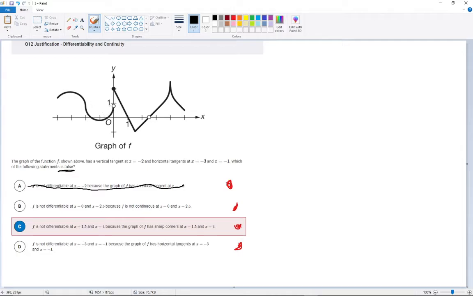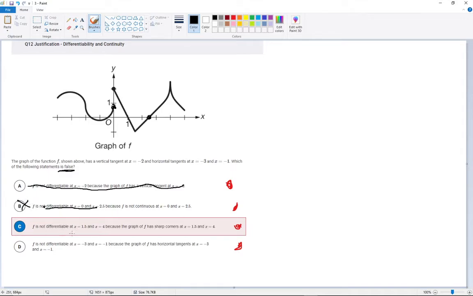At x equals 0 it has a removable discontinuity, and at 2.5 it has a removable discontinuity. I could just plug in a hole here and make it continuous, but I'm not very comfortable that it's not differentiable because they're removable discontinuities. They can still be differentiable because I could just plug in a point there and make it continuous. So this answer cannot be it.